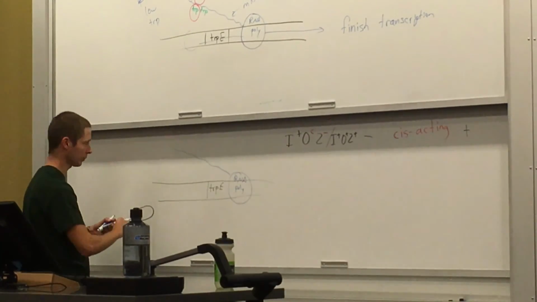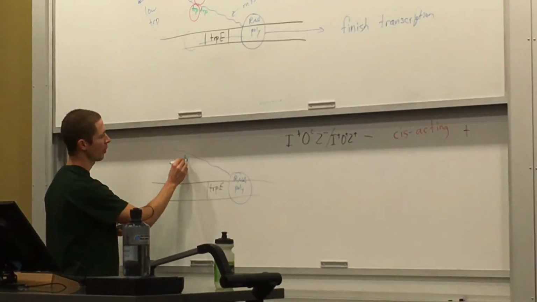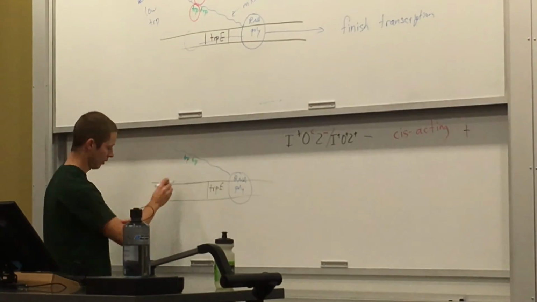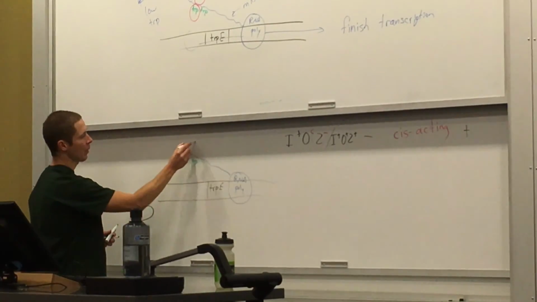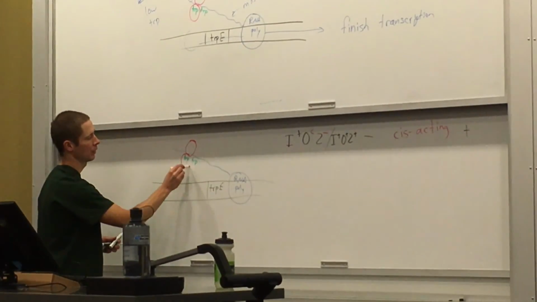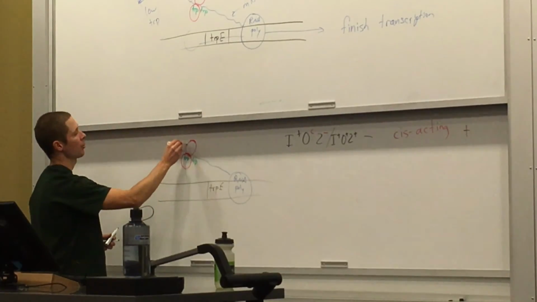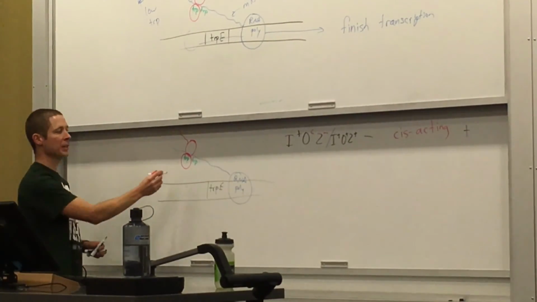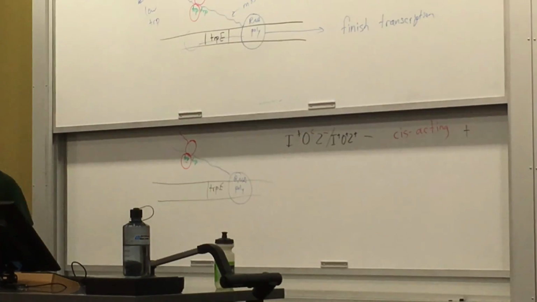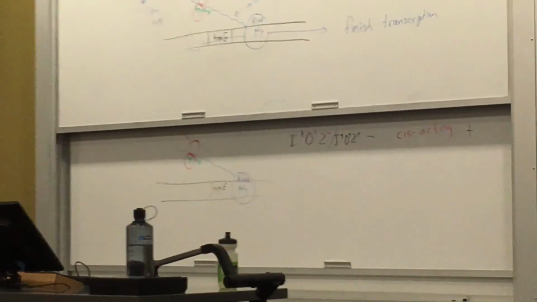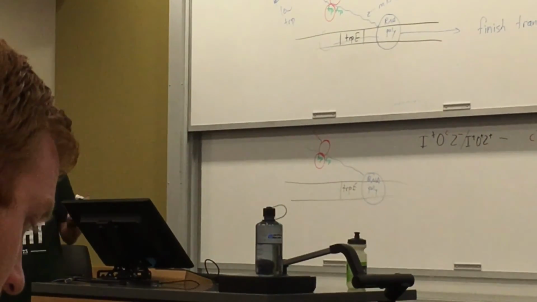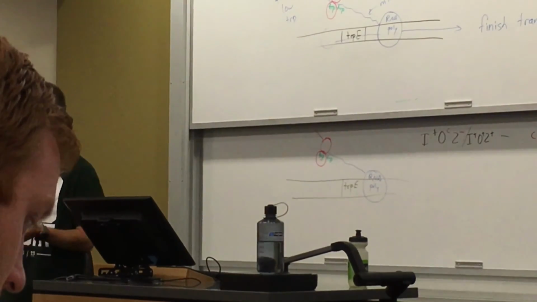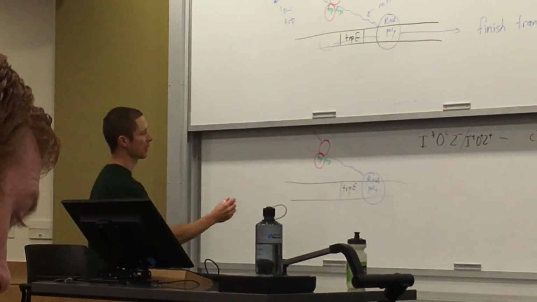Here are those trp codons. Here's that ribosome. Here's our protein. If there is lots of tryptophan available, what's going to happen to our ribosome? Is it going to have to wait anymore? No, it's able to just kind of keep doing its thing.